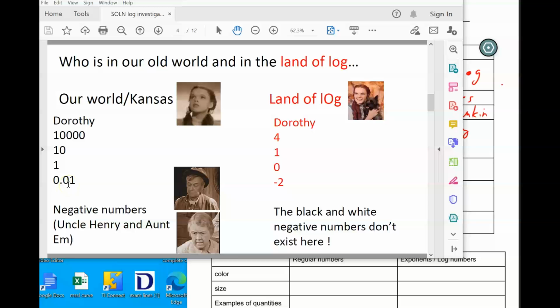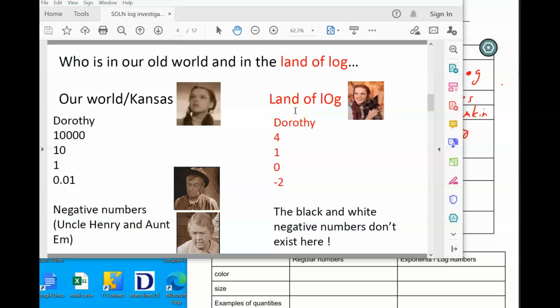But before we go there, let's talk about why black 10,000 is red 4. Basically, the way you figure out what the red equivalent is of the black number is you try to express the black number 10,000 in the form of 10 to the something. Black 10,000 is equivalent to 10 to the 4. And that is why we say that the red 4 is an exponent. And remember, exponents are like little numbers that you put in the corner of a base.